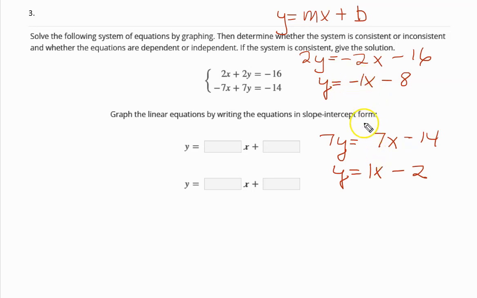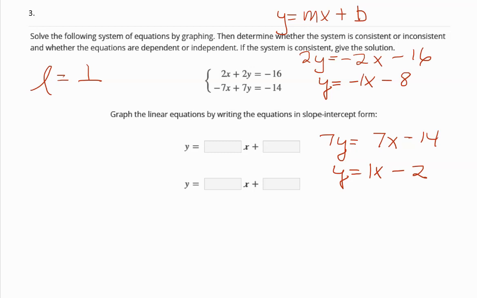A -1 times a +1 is a -1. So these lines are what? They are perpendicular because their slope, one is the negative reciprocal of the other. Again, a little review.